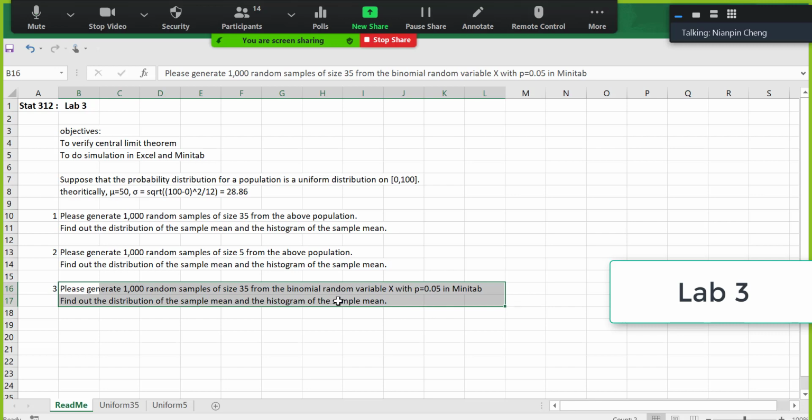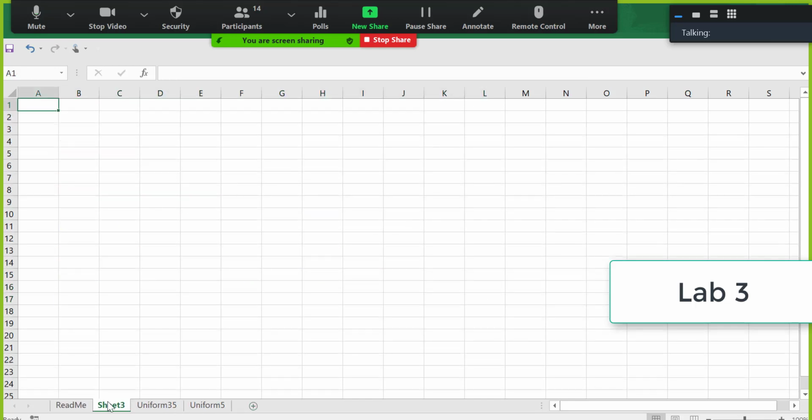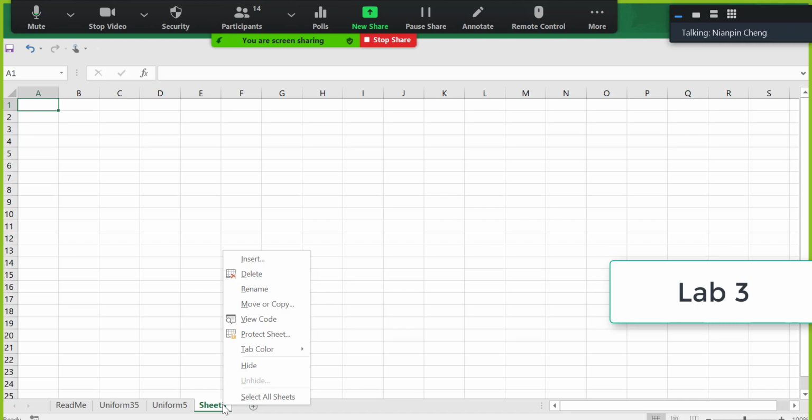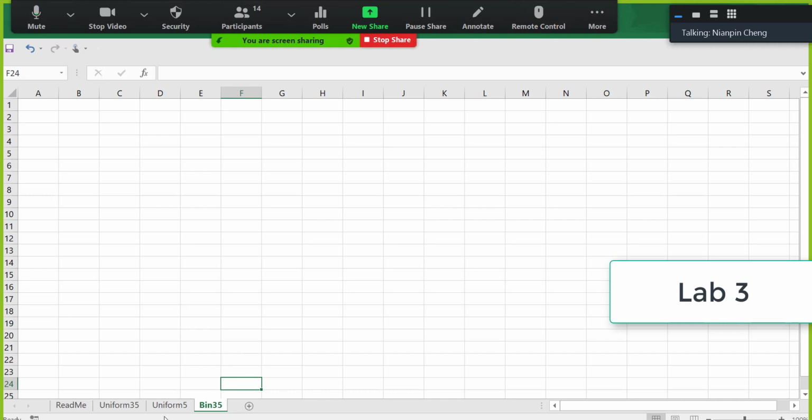For the binomial, use Minitab to generate, and then do the same thing: copy and paste the histogram and the basic statistics, mean and standard deviation, back to Excel. So this is the binomial distribution with sample size 35. This one use Minitab. This one you can use Minitab or Excel.